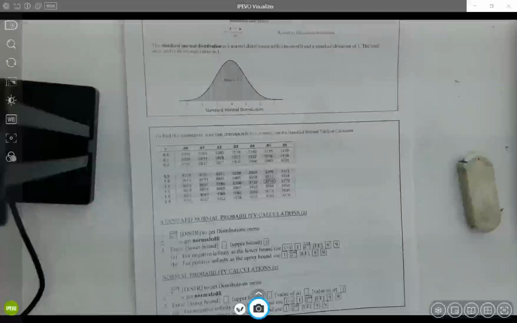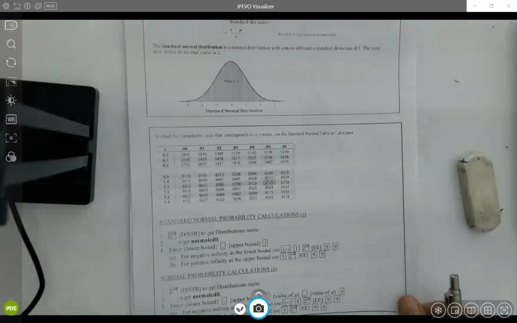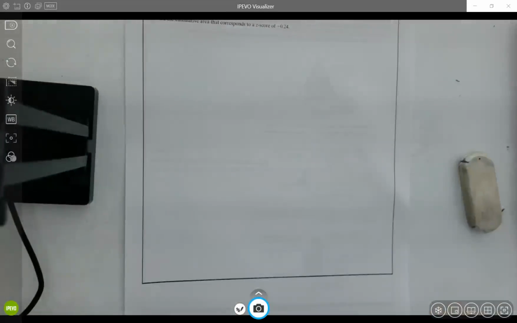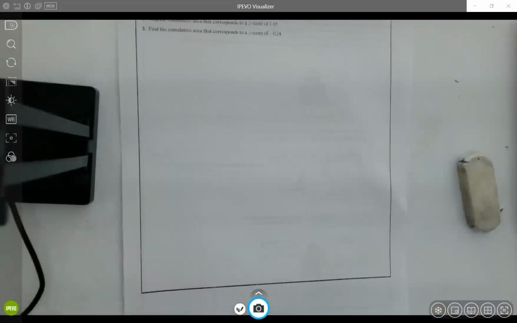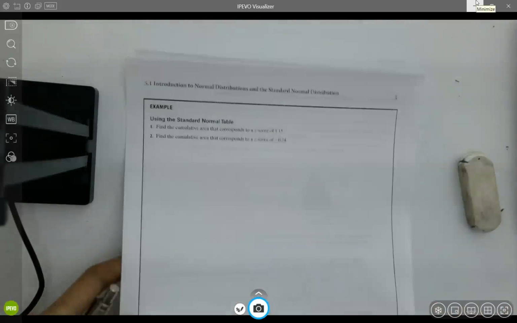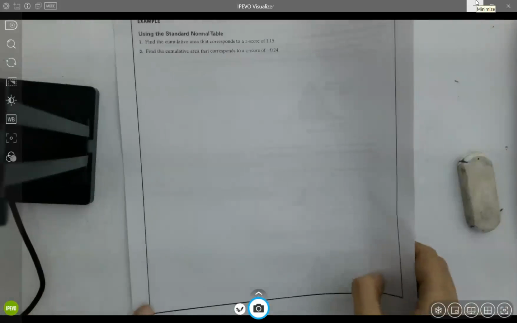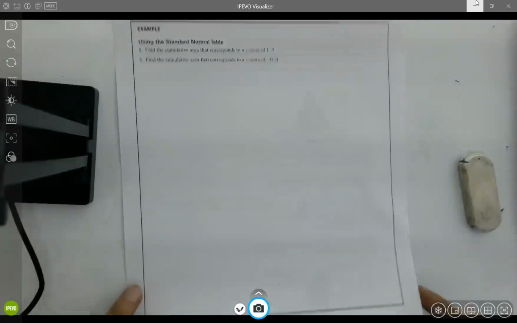Very well, let's take a look at our notes. On page 3, you have the following example.